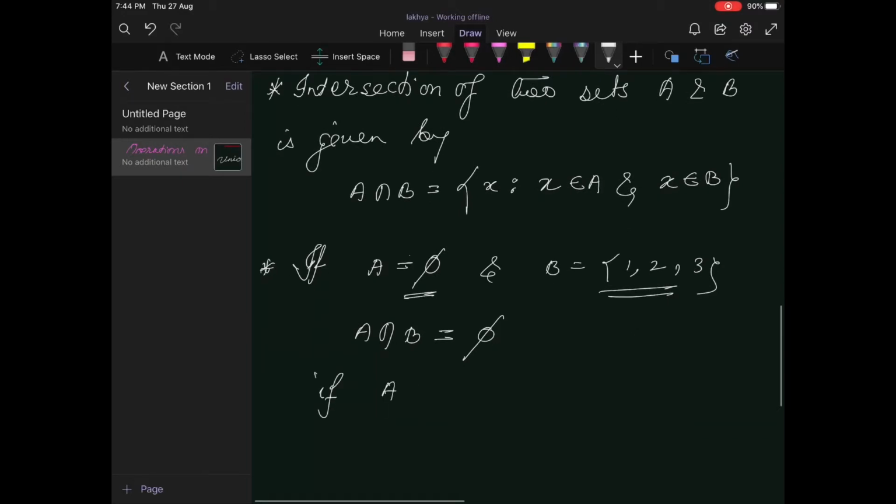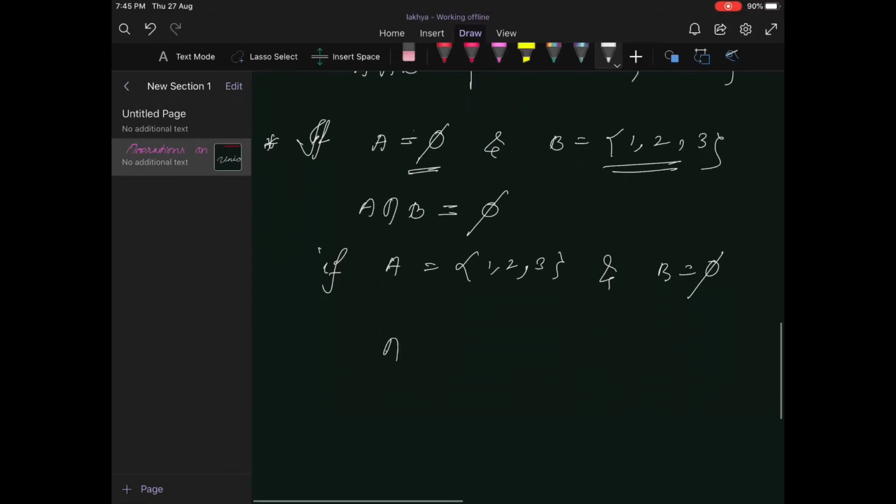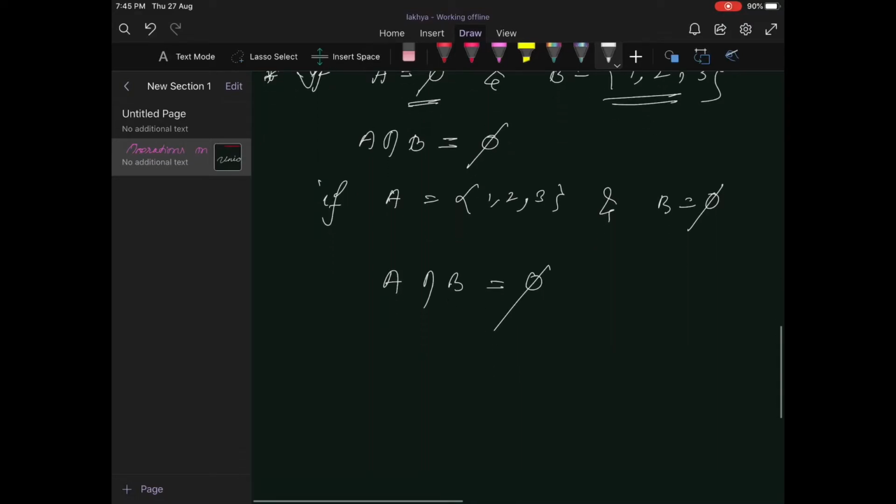Similarly, if A is a non-empty set, let it be, suppose, {1, 2, 3}, and B is ∅, in that case also, A intersection B gives ∅.